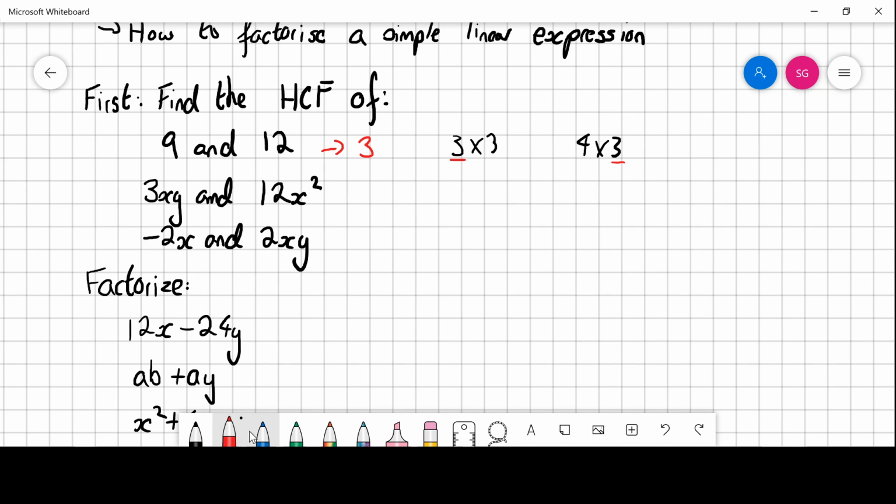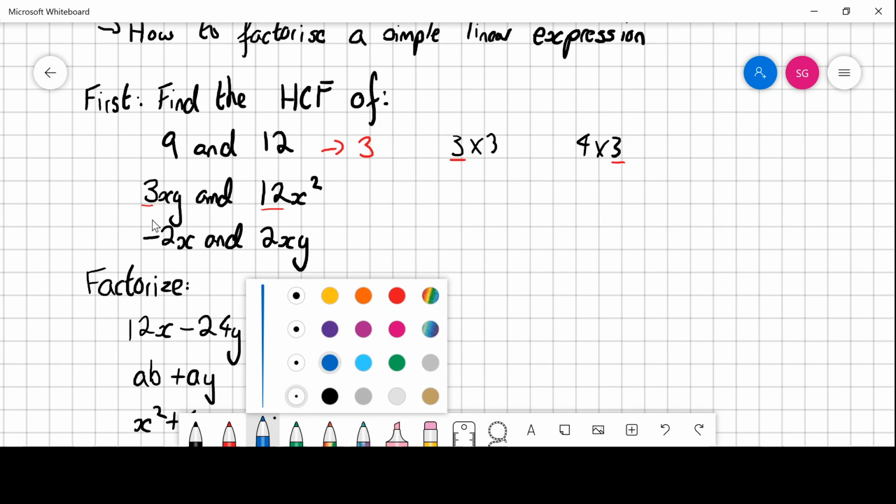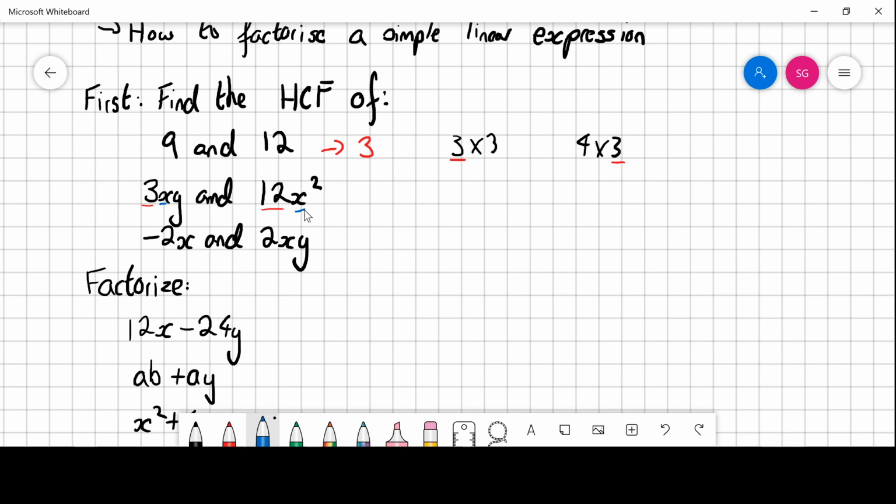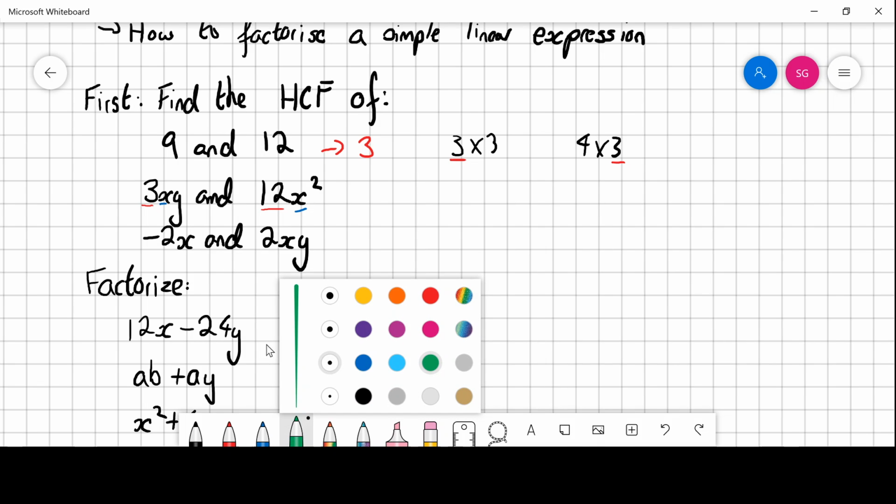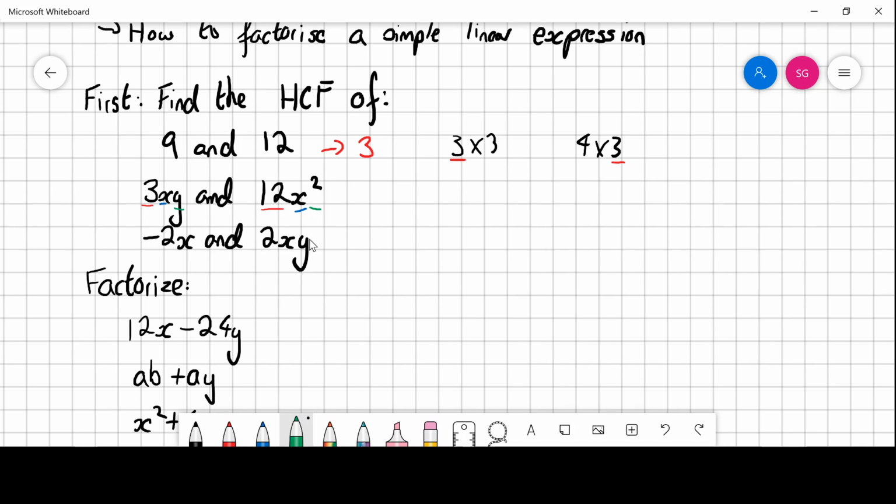The trick of this is you can just look at the highest common factor of the coefficient, the number before the algebraic expression, and then look at the highest common factors of each of the algebraic expressions. So we're going to go through it one by one. What's the highest common factor of 3 and 12?